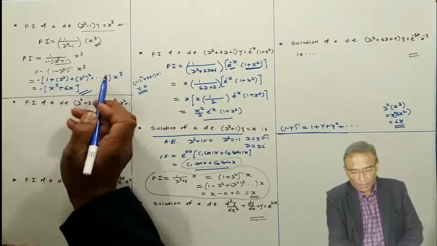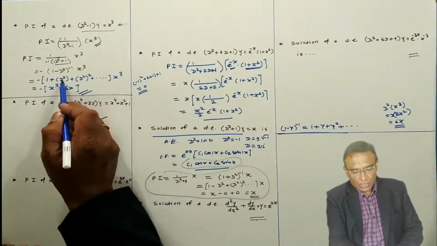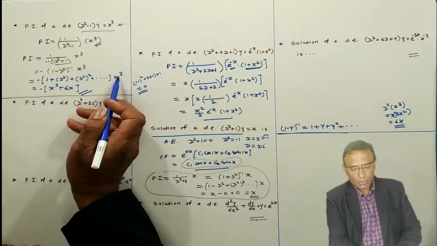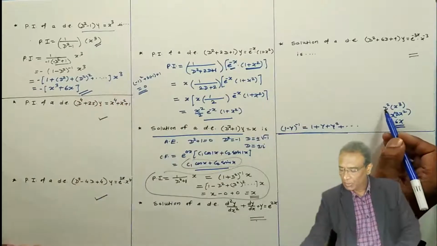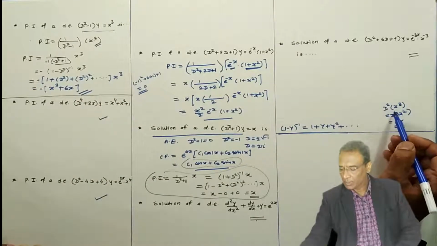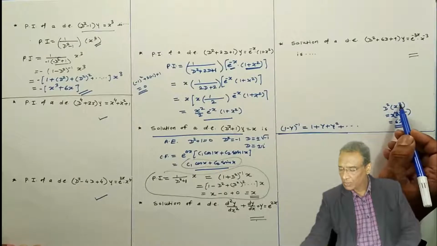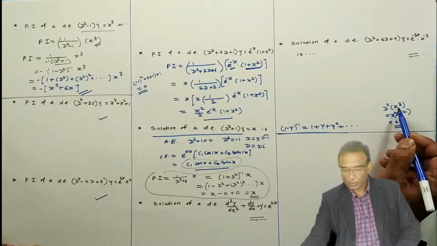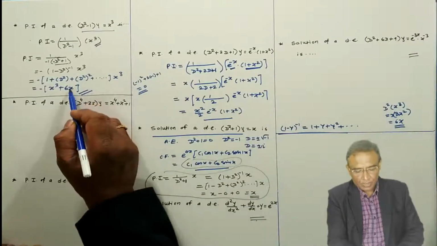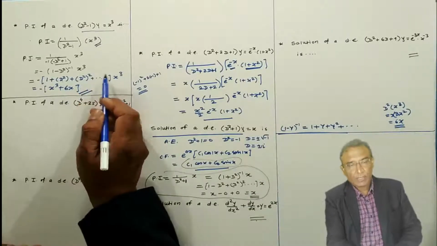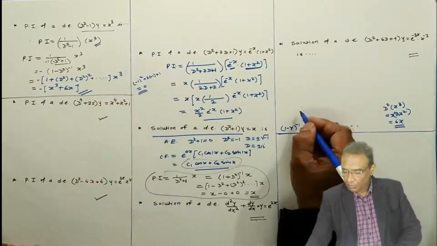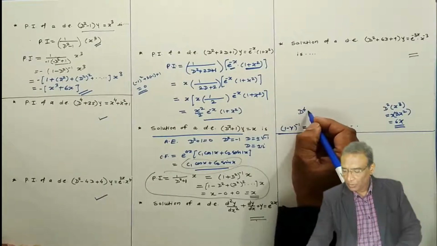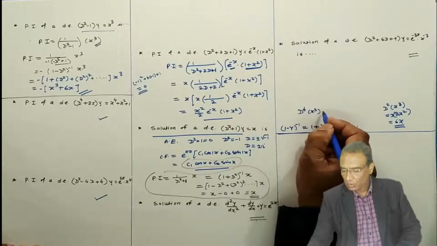The 1 multiplied by x cube, D square of x cube means double derivative of x cube. Single derivative of x cube is 3x square and its derivative again is 6x. Means double derivative of x cube is what? 6x. And fourth derivative of x cube is 0. See, fourth derivative of x cube is what? 0.